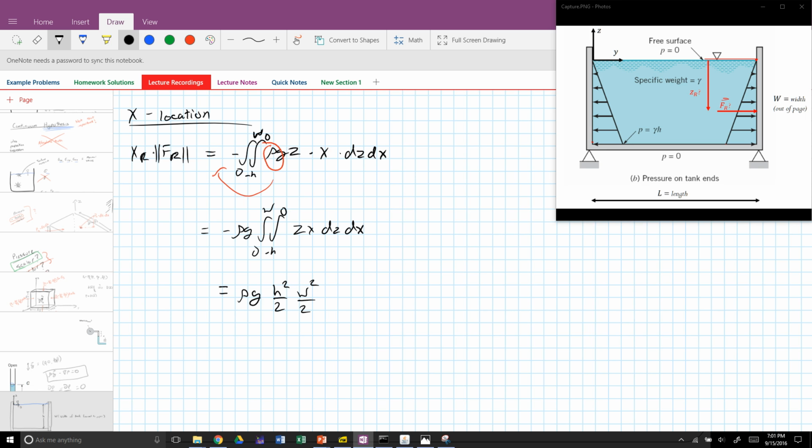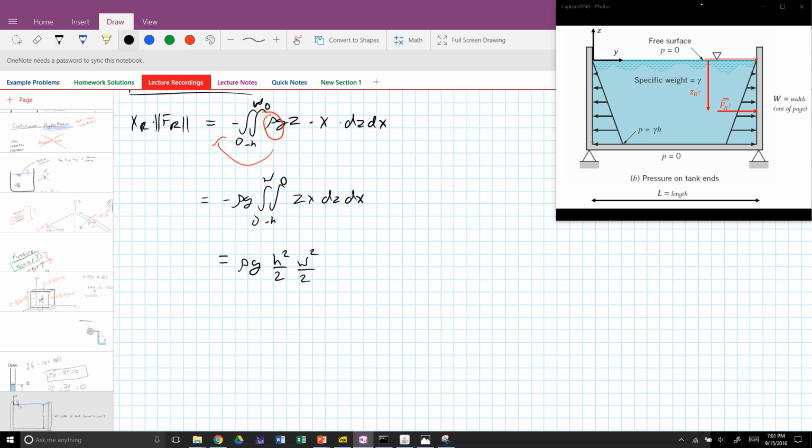So xr equals rho g h squared over 2 w squared over 2 divided by rho g h squared over 2 w.